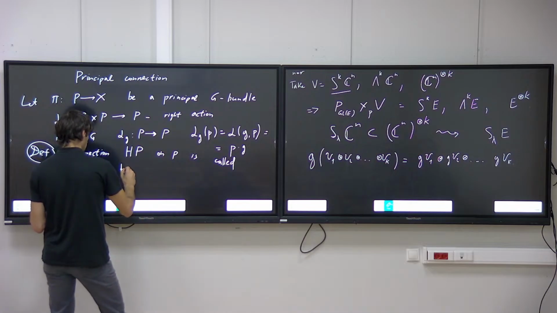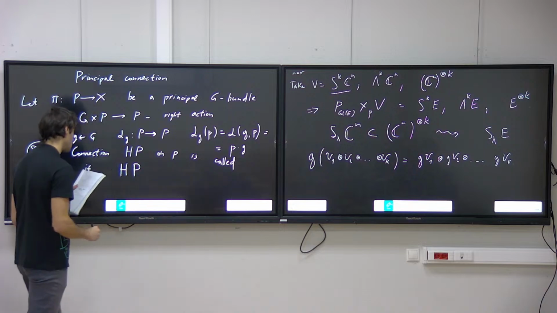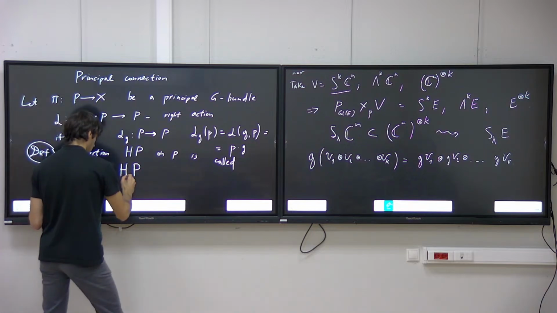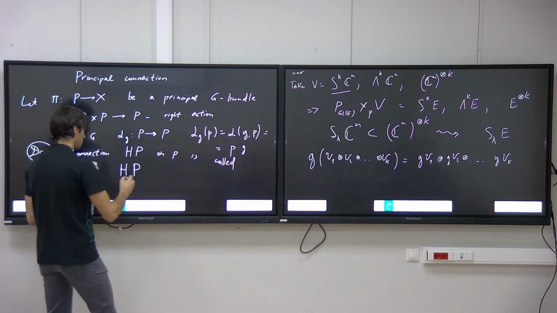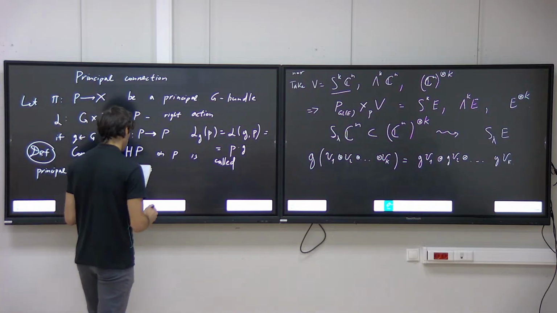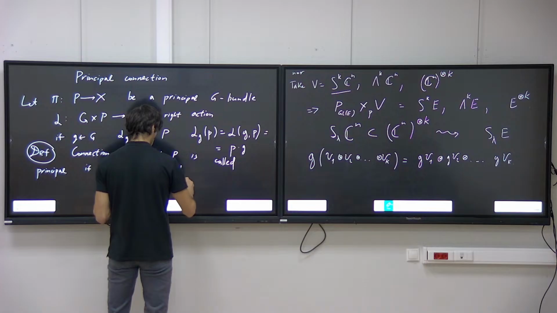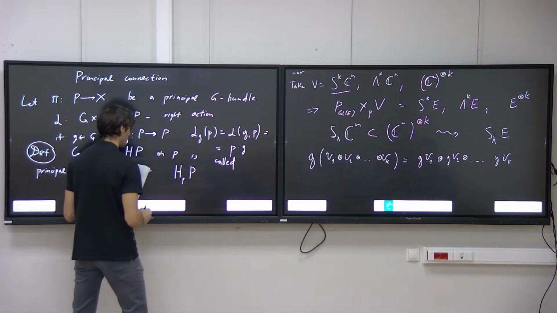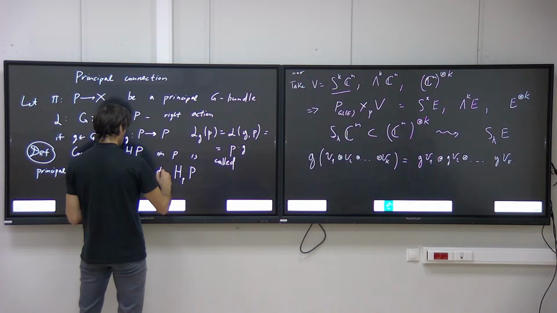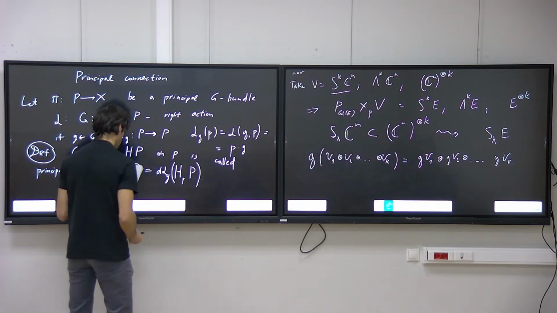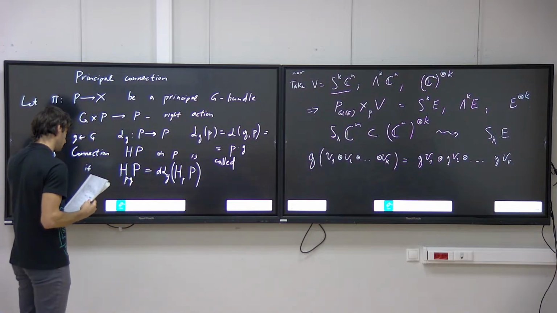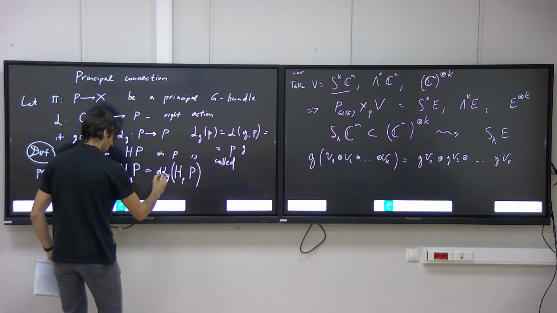I consider the fiber of this horizontal subbundle at the point p, but shifted by the right action by an element of G. And this is the same as taking the fiber at point p and then applying d alpha g, at point p, of course.